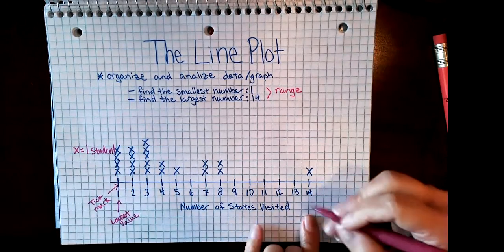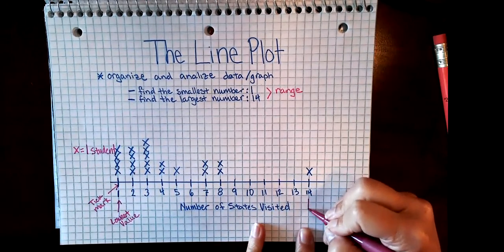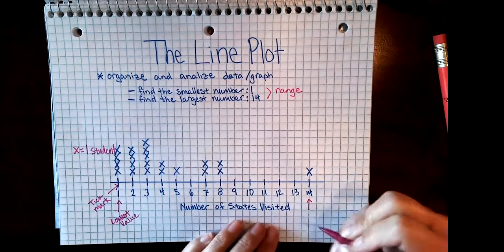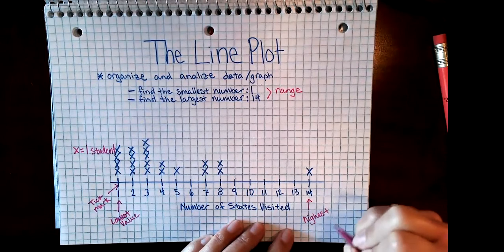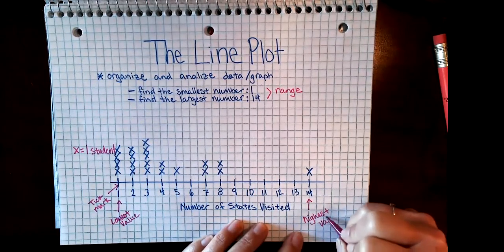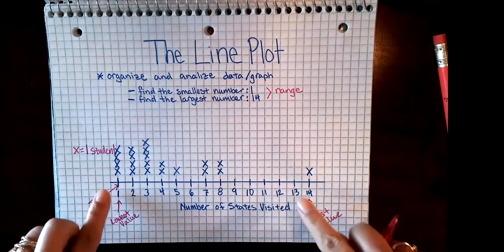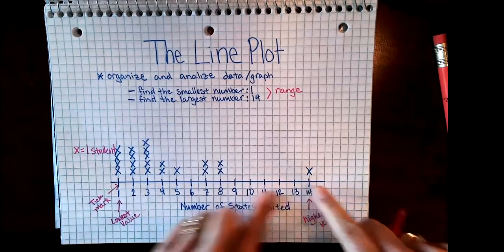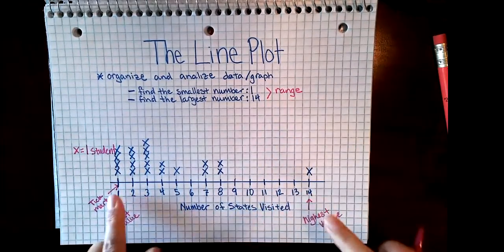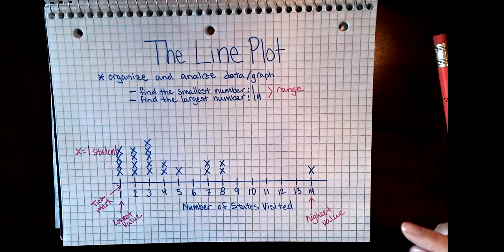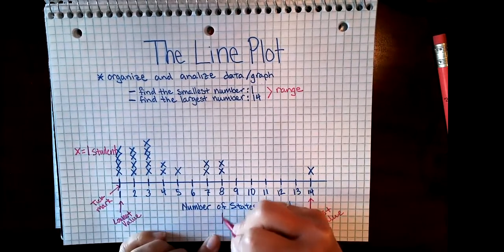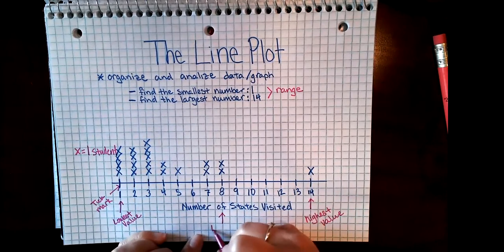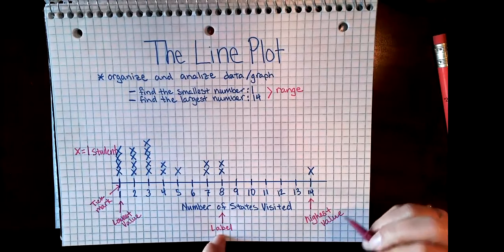Then you're going to go up here. Do you remember what this is called? You're probably right. This is the highest value. And from here to here is the range, just like we set up here. This is the range. Now we want to make sure we know that this here is the label. These are all the things you need to have on a line plot.